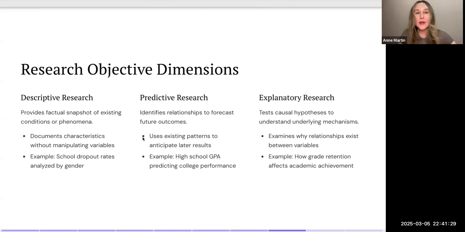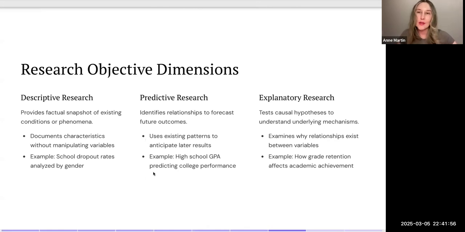Then we have predictive research, which identifies a relationship between variables for the purpose of predicting what will likely happen in the future. So this is focused on, and we'll learn about some of the analysis that you can do to carry out some of these goals and analyze the data, but it analyzes the patterns between those relationships to predict and anticipate what might happen later.